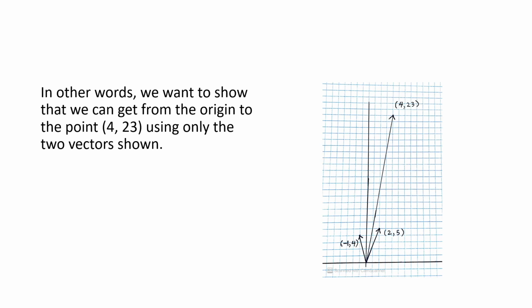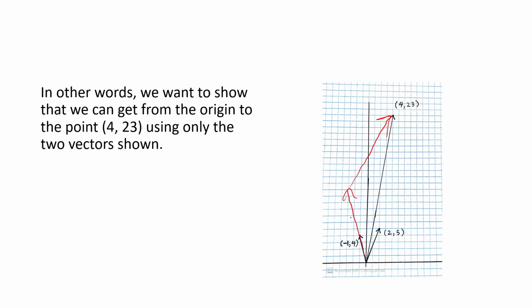We'll show that by doing some multiple of (-1, 4) and then following it up by some multiple of (2, 5), and we'll get to the vector (4, 23).